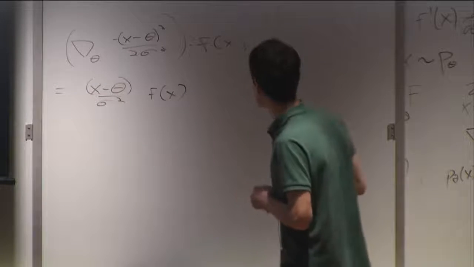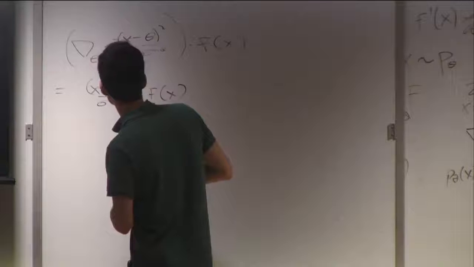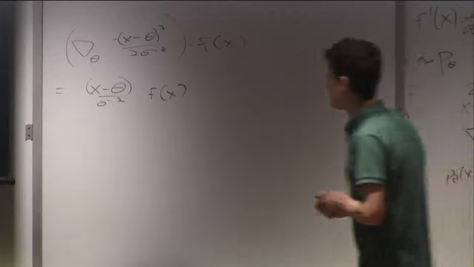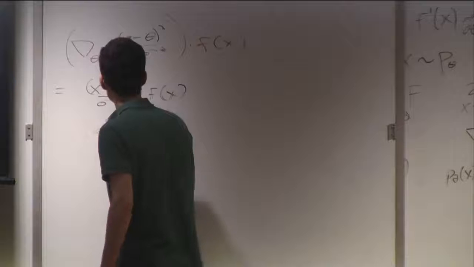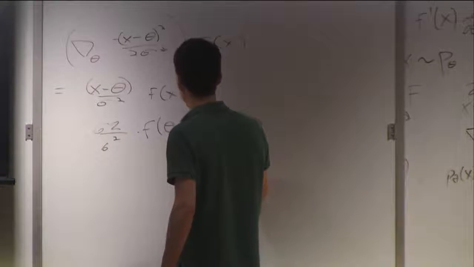So let's see. Did I miss something? OK, no, this is right. And then just using our definition of x as theta plus sigma z, we get sigma z over sigma squared times f of theta plus sigma z.